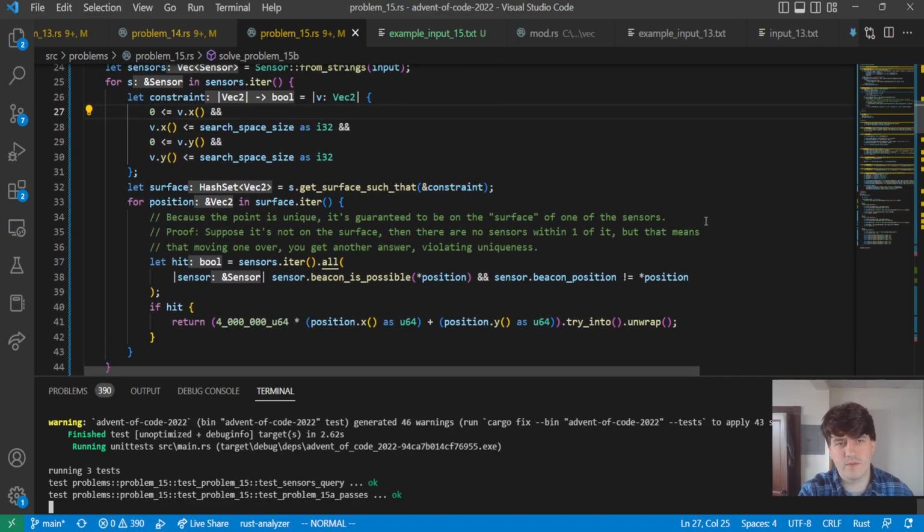Okay, so now at least we're not doing the filtering every time. We really weren't doing the filtering every time before, though.